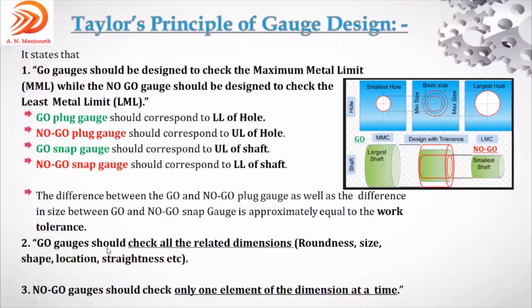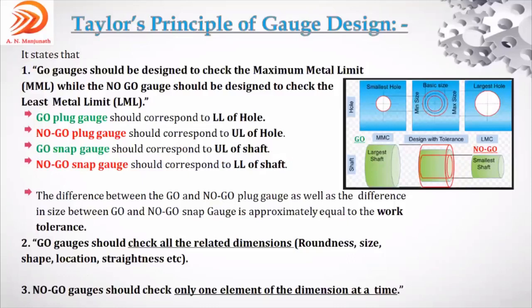Taylor principle of gauge design, if you see in the textbook by Chandrasekhar, it will be in the form of sentences, right? You can take the snapshot also. I will share it again because it is important. I have made it in different colors and bold letters so that you can analyze and understand it in a much better way.